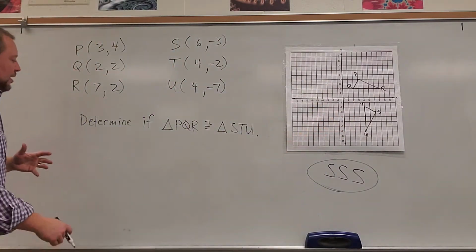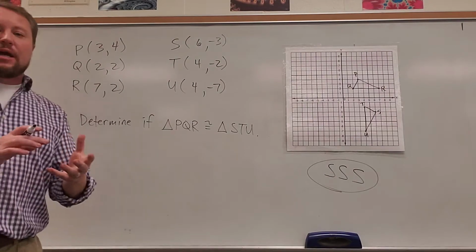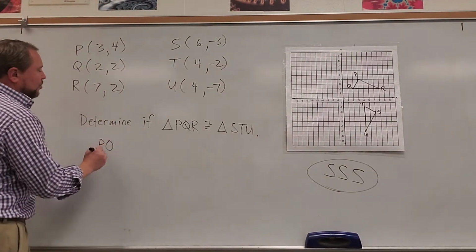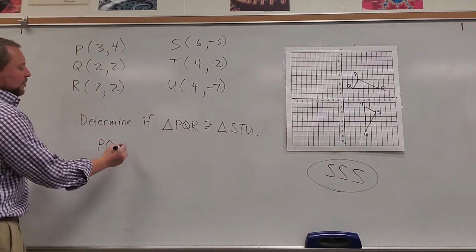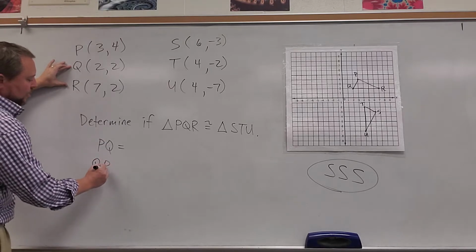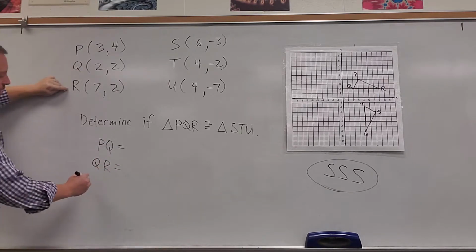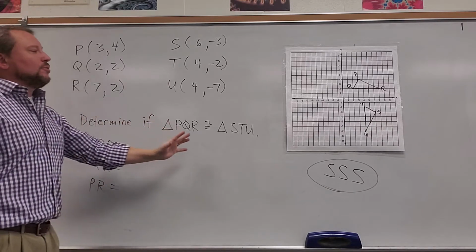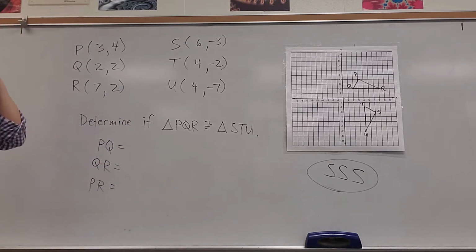So we're going to do that, and you can feel free to use the distance program in your calculator, but you're going to have to find a bunch of distances here. We're going to find the length of PQ, the length of QR, the length of PR, and see if they match the corresponding sides on the other one.